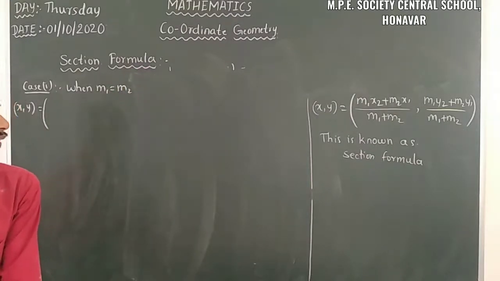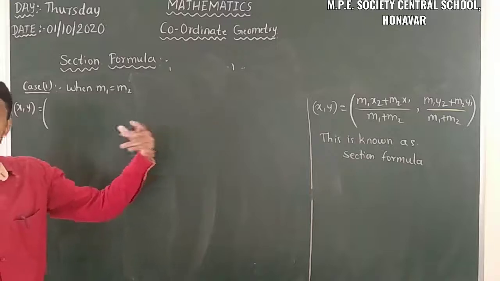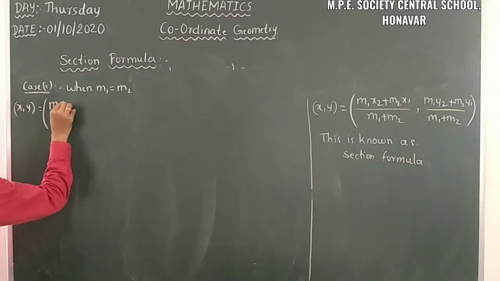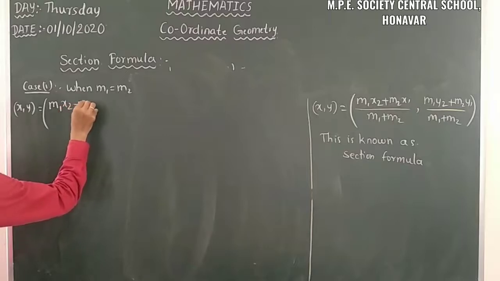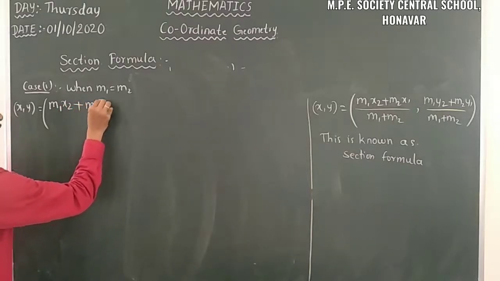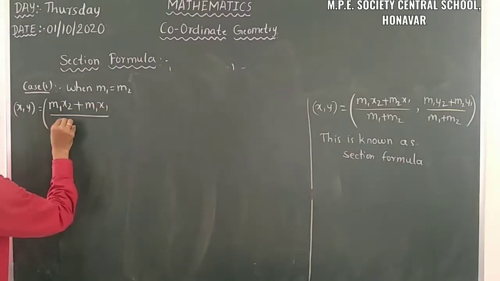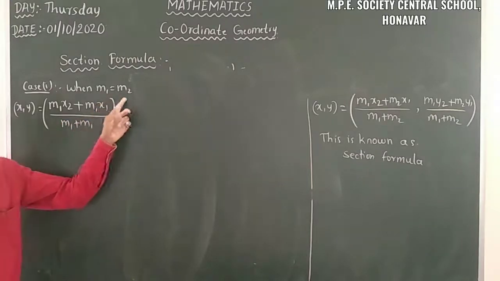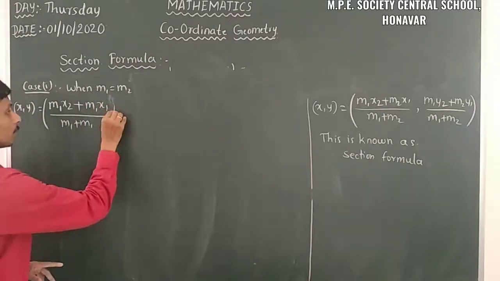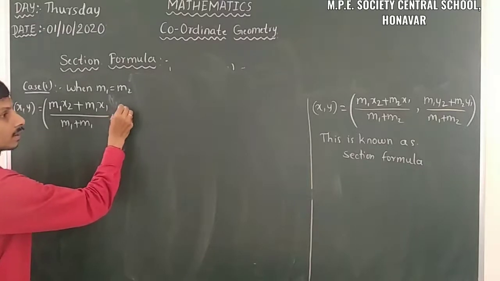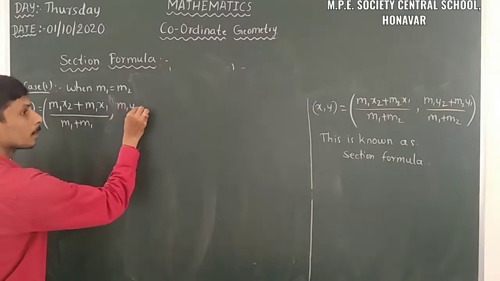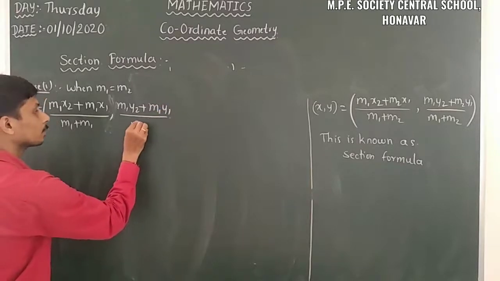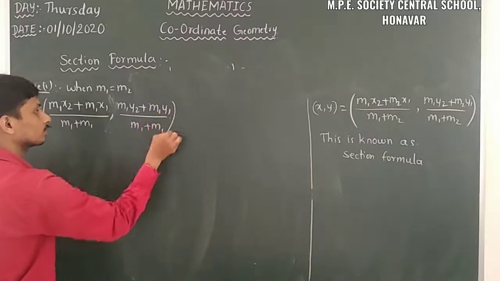So I will take any one. So m2 is converted into m1 here. So let's take m1 x2 plus m1 x1 divided by m1 plus m1. So I converted m2 into m1. Here m1 y2 plus m1 y1 divided by m1 plus m1.